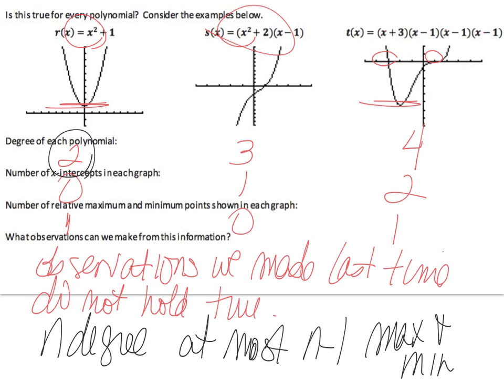You can also think about the information you can get from a graph. If a graph of a polynomial function has n relative max and min points, you can say the degree would be n plus 1. Okay, you can make that backwards.